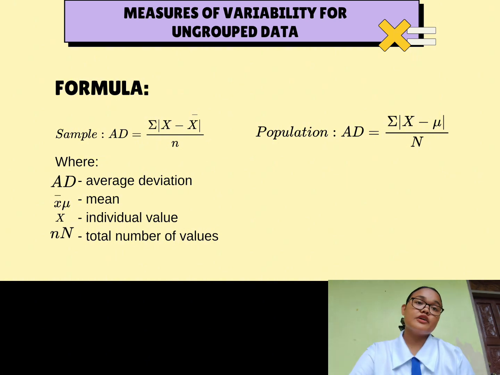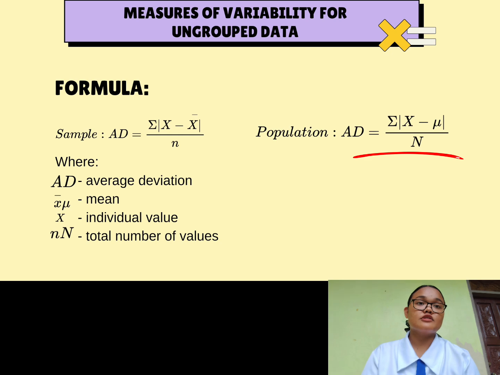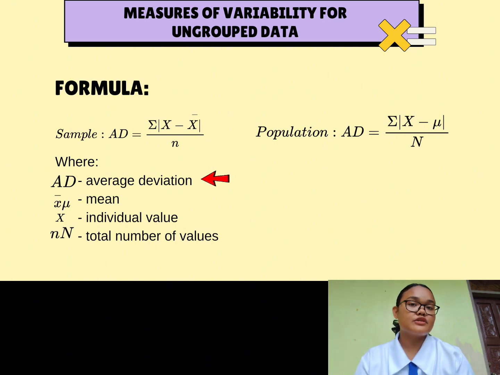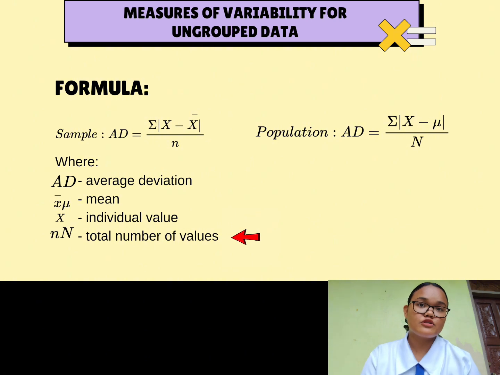While for the population, AD is equal to the summation of the absolute value of x minus mu over n. In which AD is the average deviation, x bar or mu is the mean, x is the individual value, and n is the total number of values.